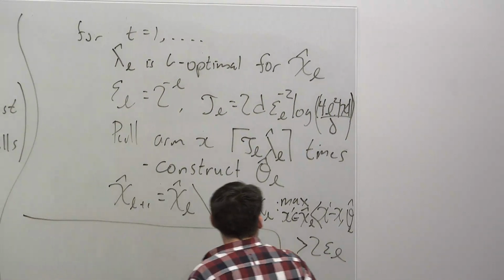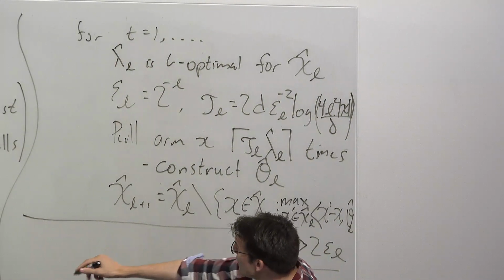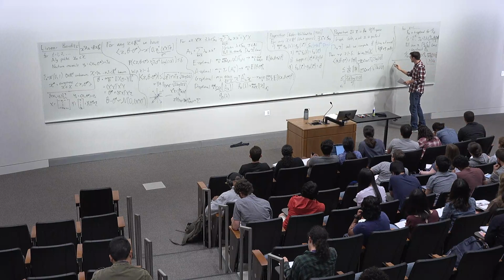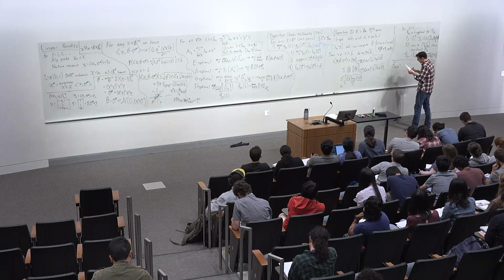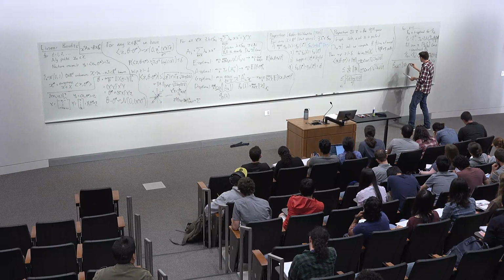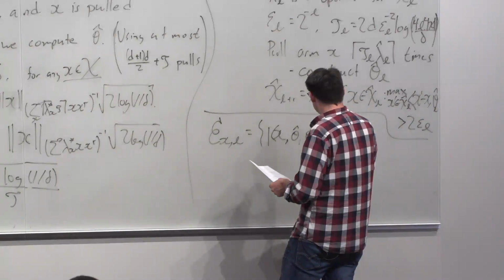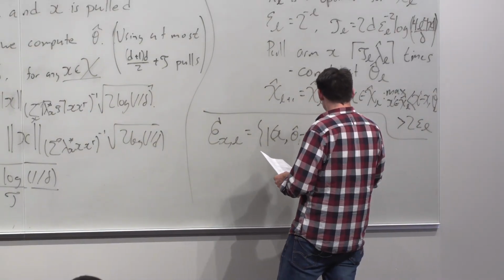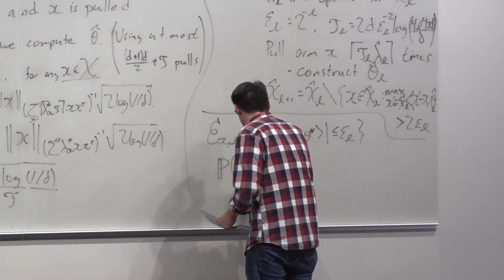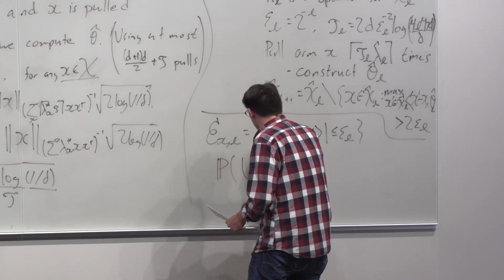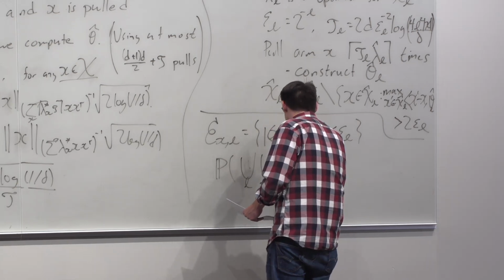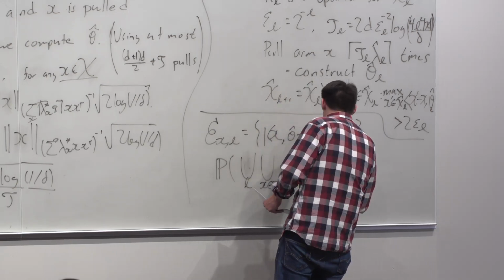And what I can claim, which is not difficult to prove, once you have this proposition, is that if you define the event E x L, we have that the probability of the big union over all L, over all x in X, of E x L complement is less than or equal to delta.